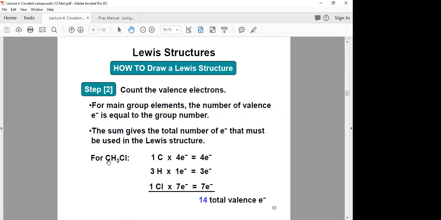So we've got a single carbon here. 1 carbon has 4 valence electrons for a total of 4. 3 hydrogens, each one has 1 valence electron for a total of 3. And then 1 chlorine. Remember that one's a halogen in group 7A, so it has 7 valence electrons. This gives us a total of 14 valence electrons that need to be placed.